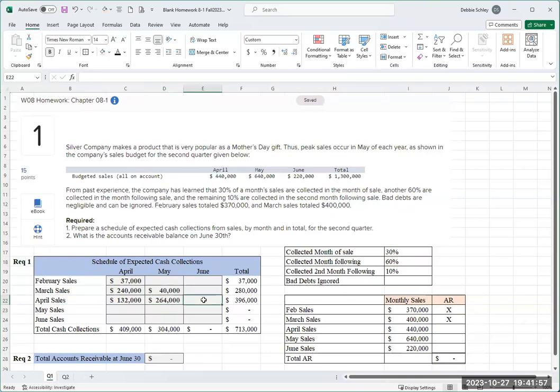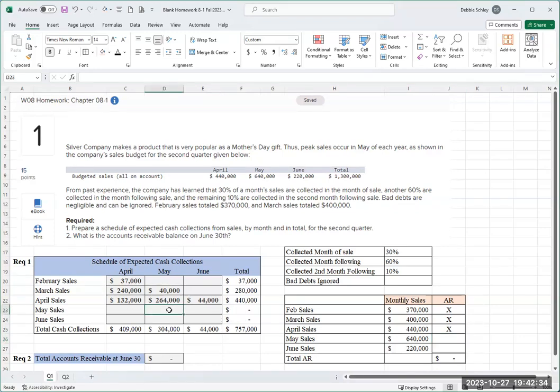And then in June from April sales, I'm going to collect 10% for the second month following. So again, I collected all of April sales. There's nothing left in accounts receivable from April sales, right? I collected 30%, 60%, 10%, that's 100%.